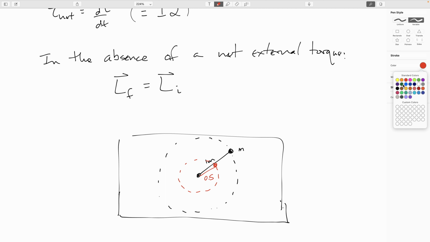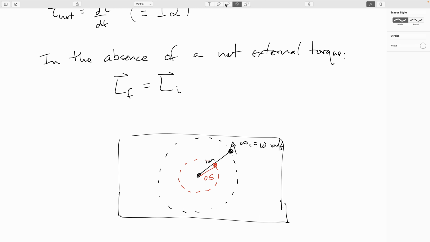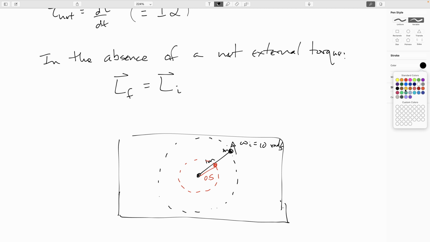Let's say our initial angular velocity was 10 radians per second. What we want to find out is our final angular velocity.